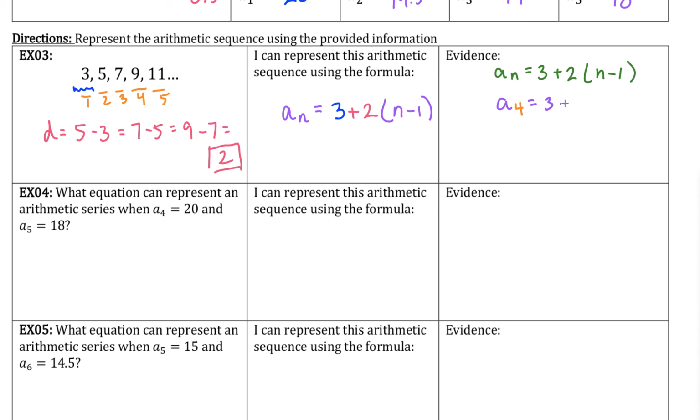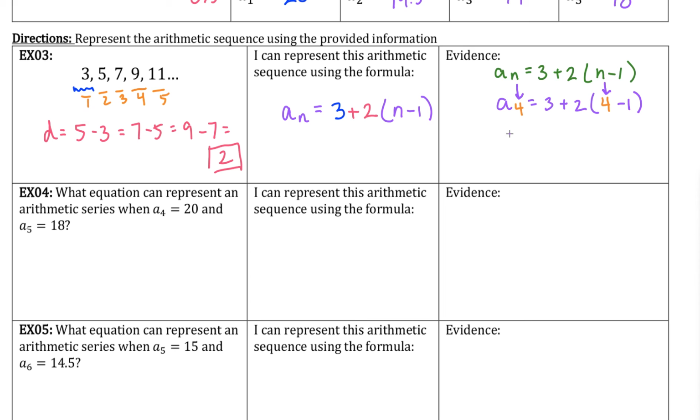Equals 3 plus 2 times 4 minus 1. So just to be clear, this is our fourth term, so we put in a 4 there.